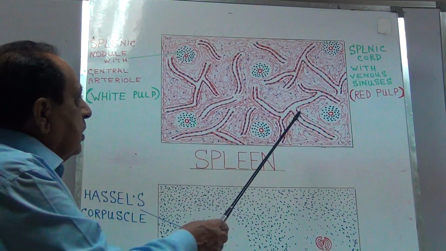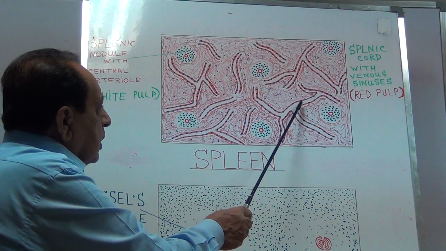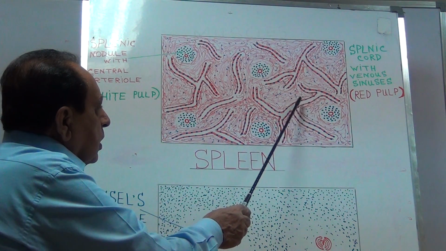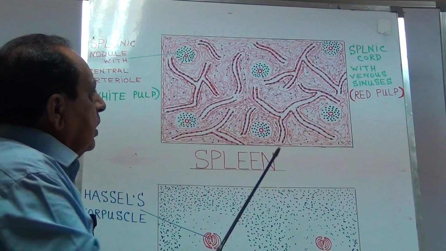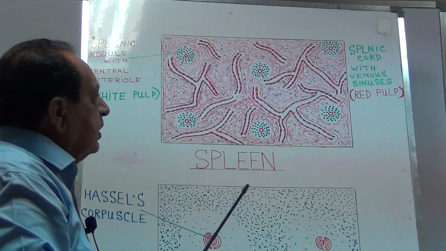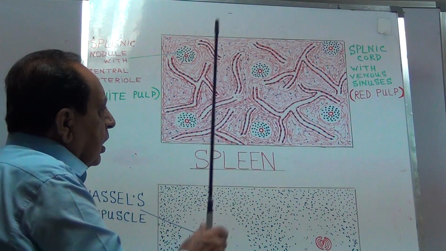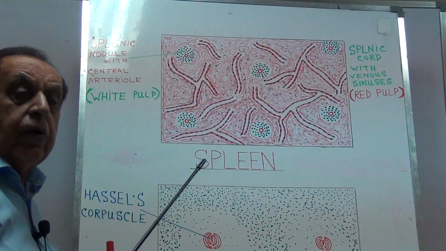Now this area is lined by the endothelium. These endothelial cells are fusiform in shape.